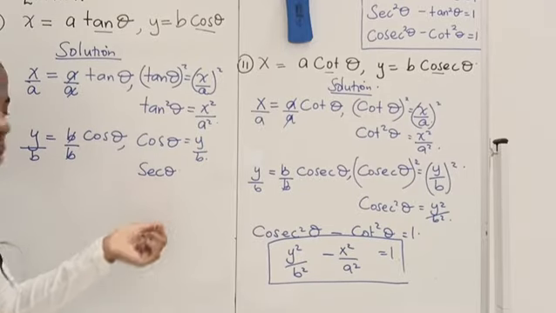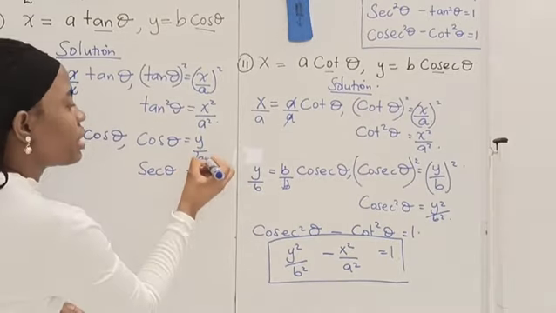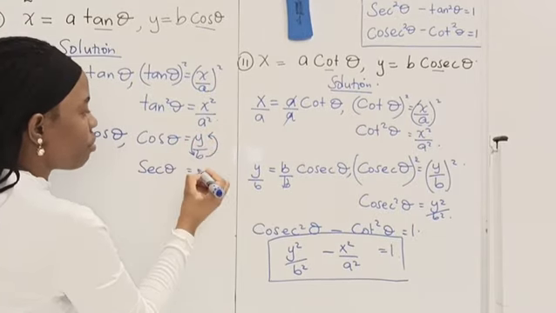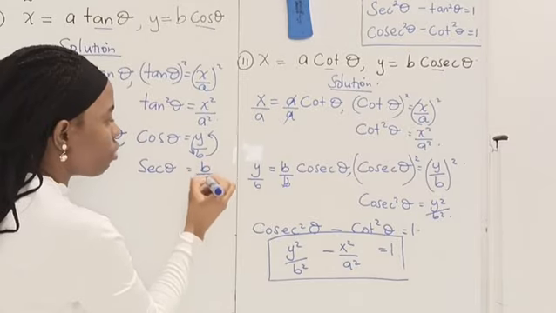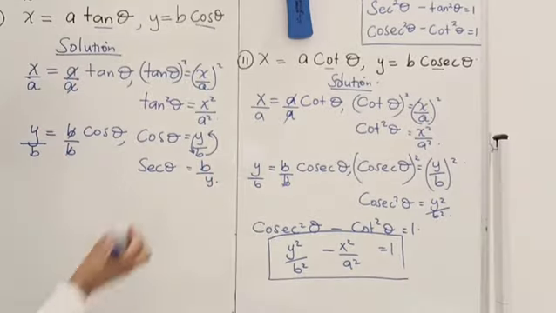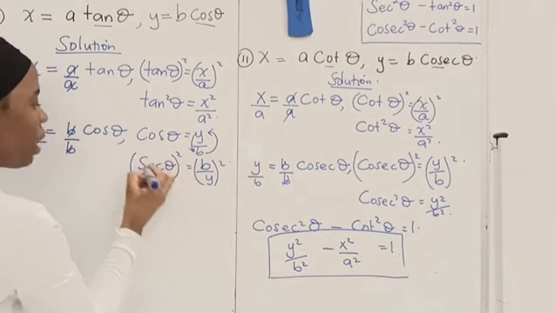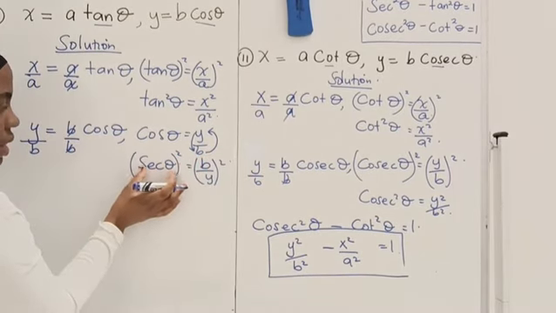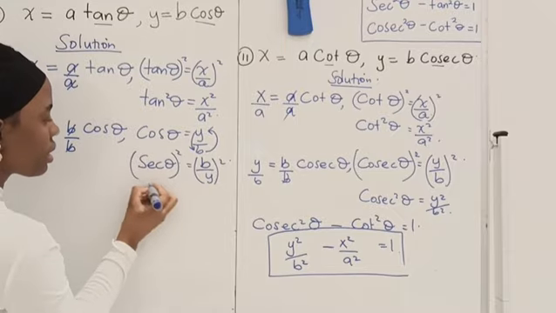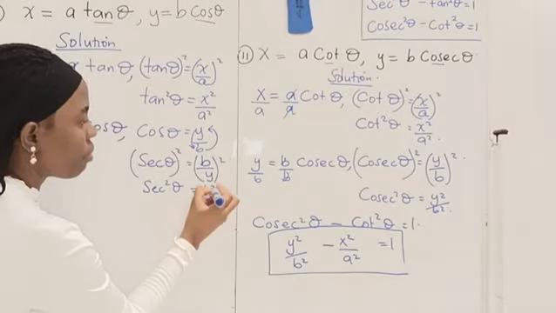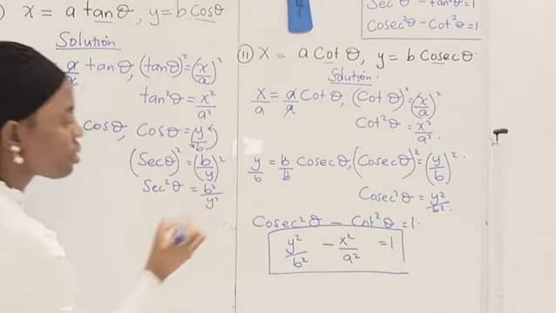Sec is 1 out of cos. The reciprocal means that the denominator becomes numerator and the numerator becomes denominator. So it's going to be b out of y. Then you square both sides. So I will have sec theta quantity squared, the same as sec squared theta, equal to b squared out of y squared.